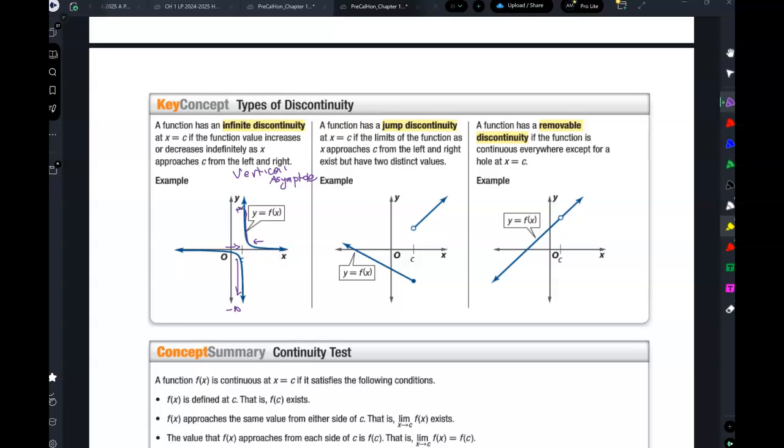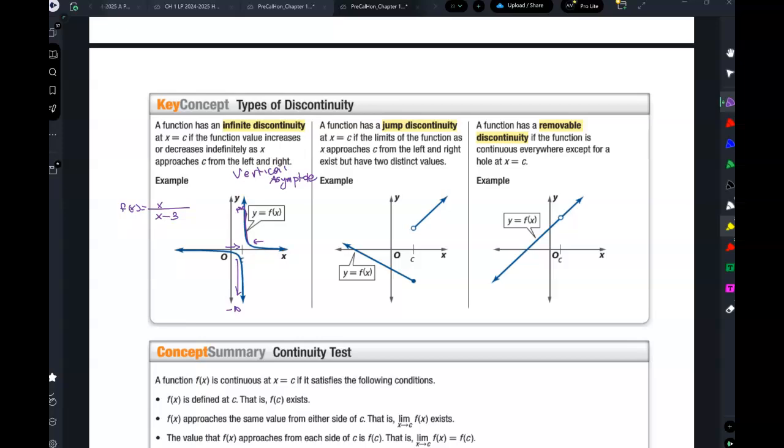Last time I checked, negative infinity and positive infinity were not the same number, so there is no limit there, so that's a discontinuity, right? What's one way you can get that? For example, if you have f of x is equal to x over x minus 3. Do you remember that? At x equals 3, there is a vertical asymptote, right? So that's one type of discontinuity.